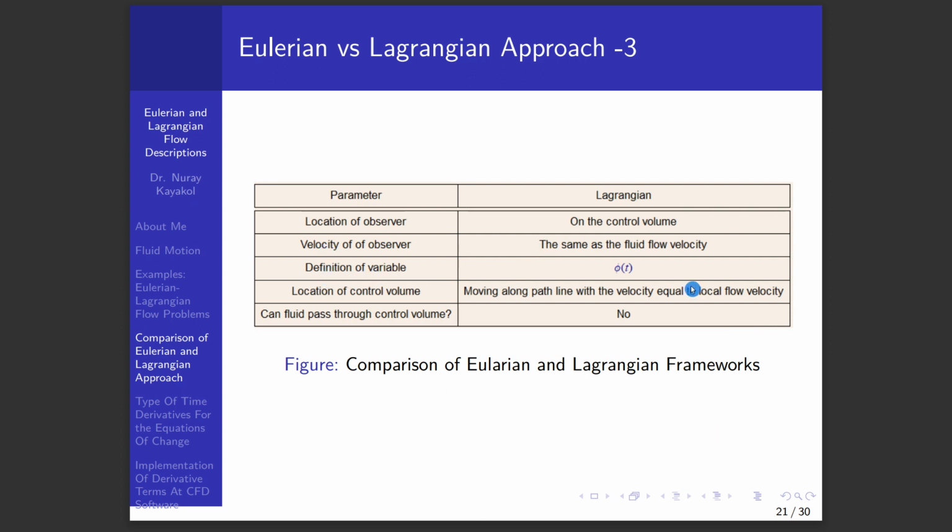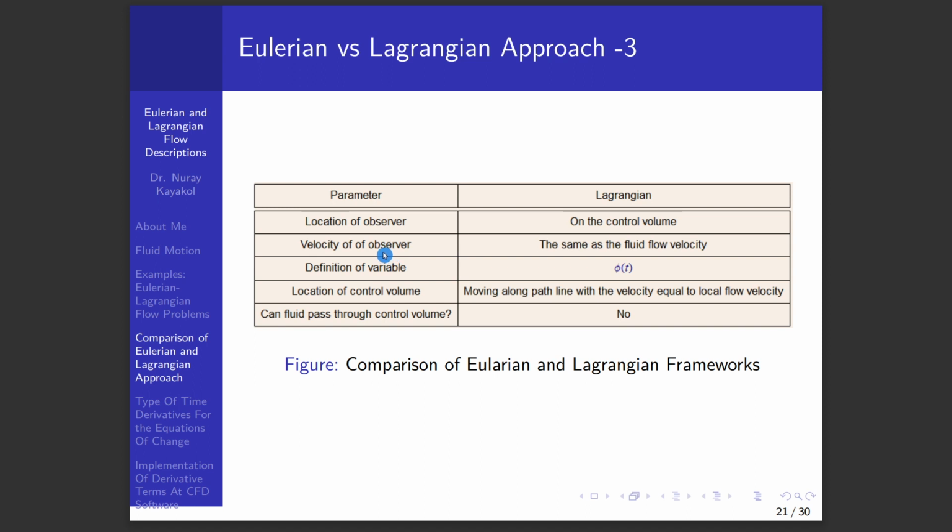Then variable values are reported or calculated as a function of time. Location of control volume: how will we answer this question?